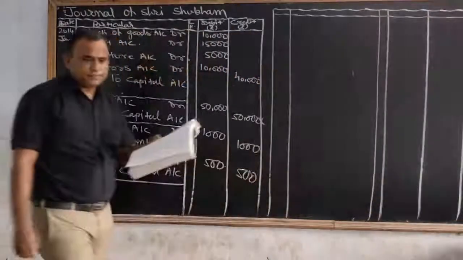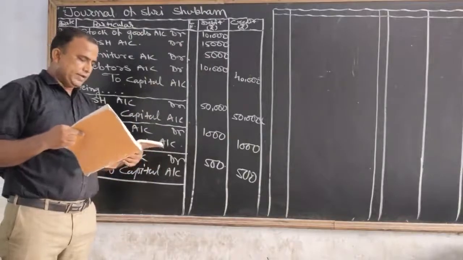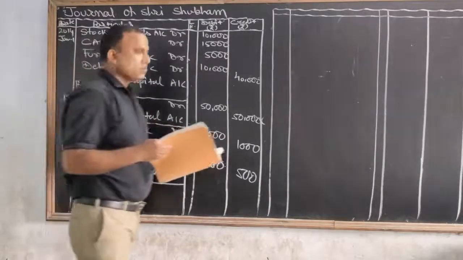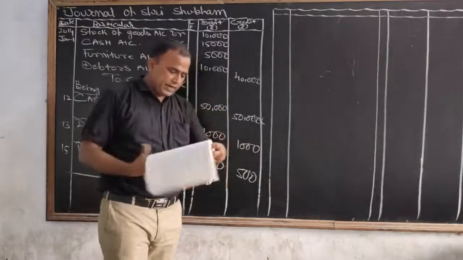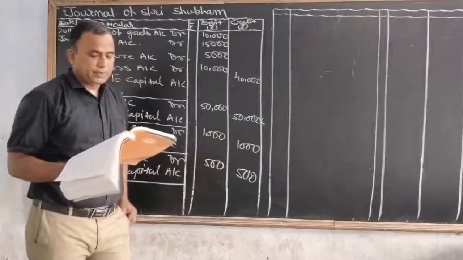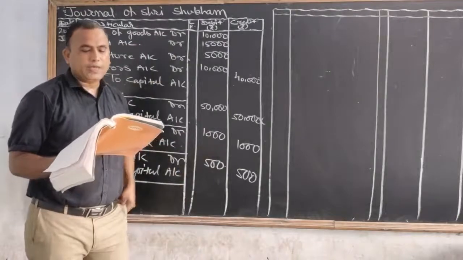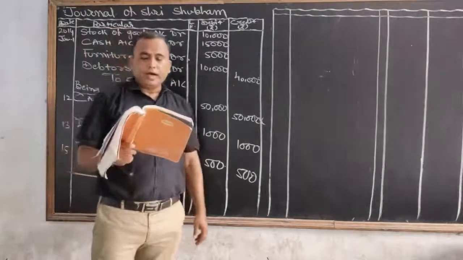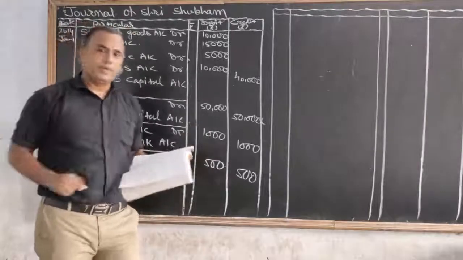Okay, now next one, transaction number 20. From the business, goods of rupees 1,000 and cash of rupees 400 are withdrawn for personal use. So both are drawing.